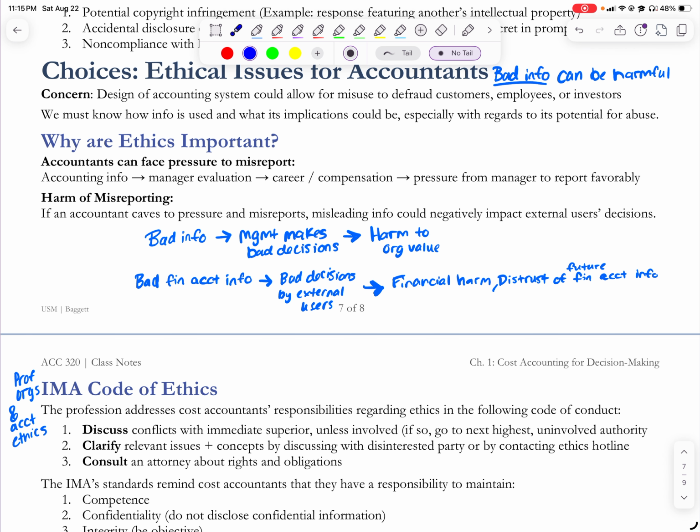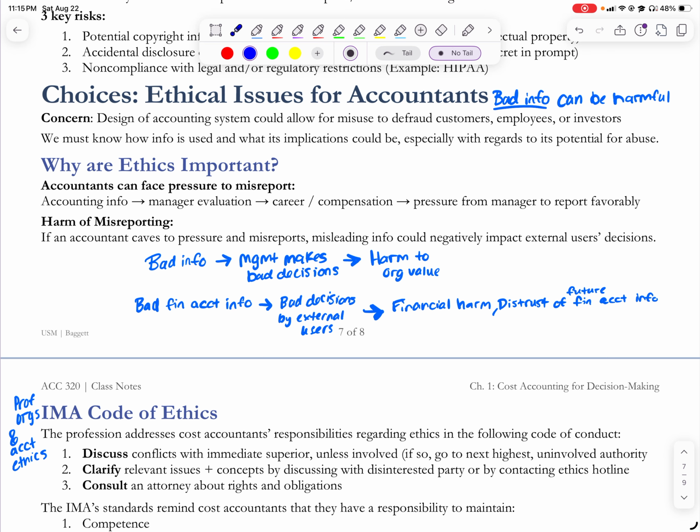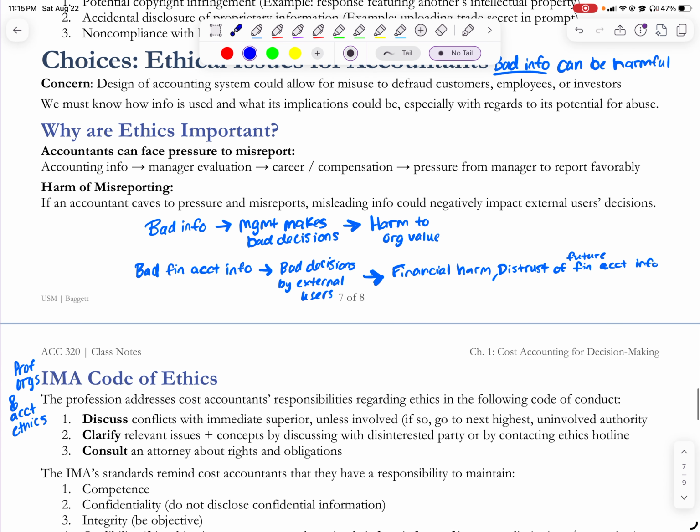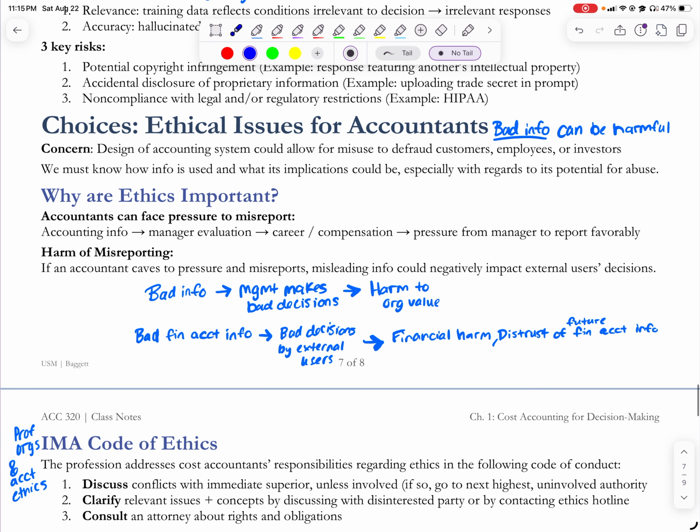Or say bad cost accounting info was a factor in management's estimates that will be reported for financial accounting purposes. Bad cost info that goes into those estimates becomes bad financial accounting info, which leads to harm to investors or lenders if the difference is material. So, ethics still matters in cost accounting, even though it's reported internally to managers.